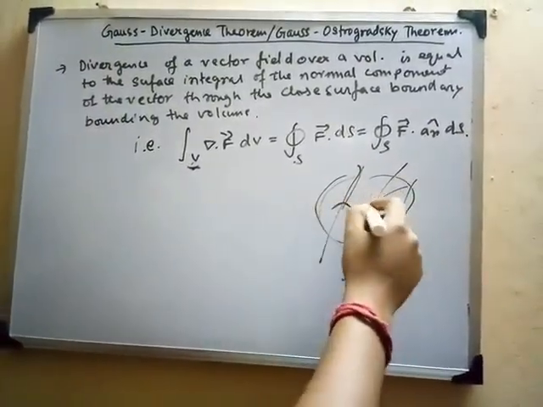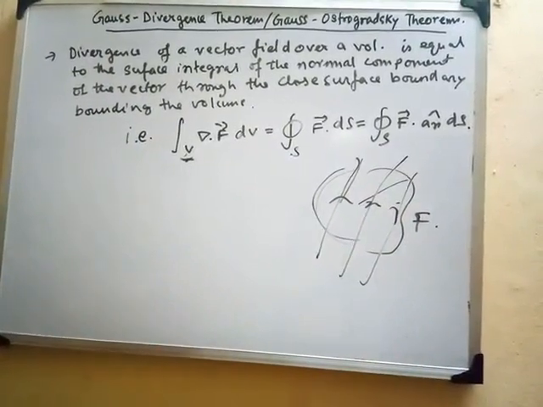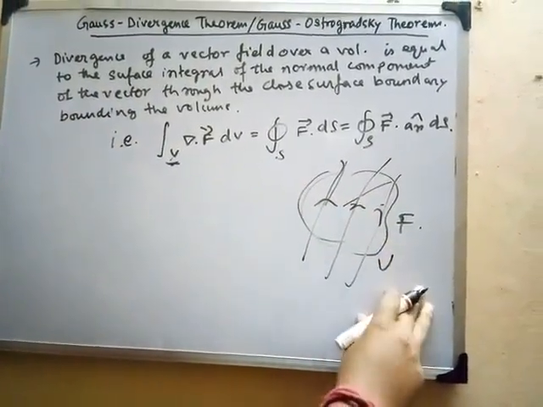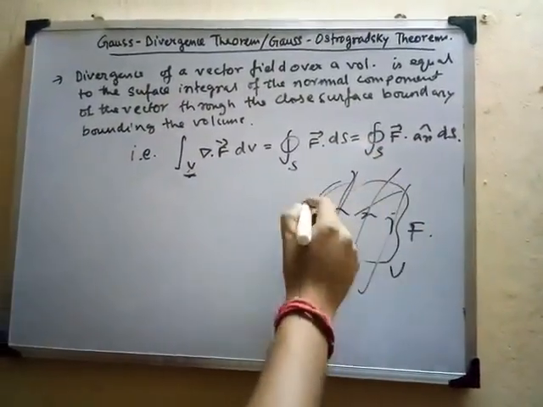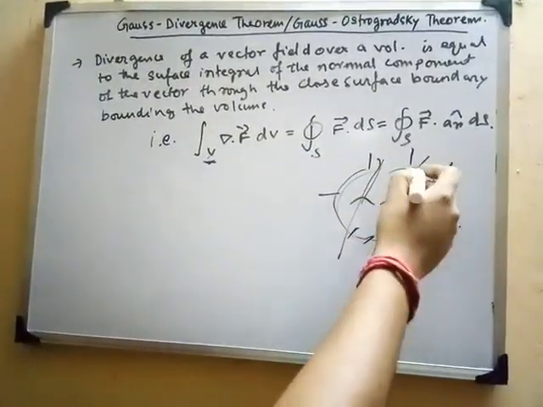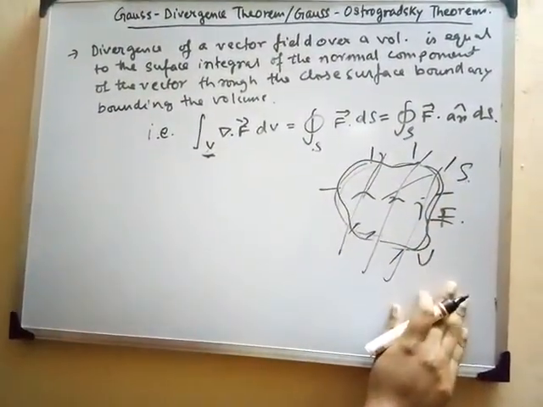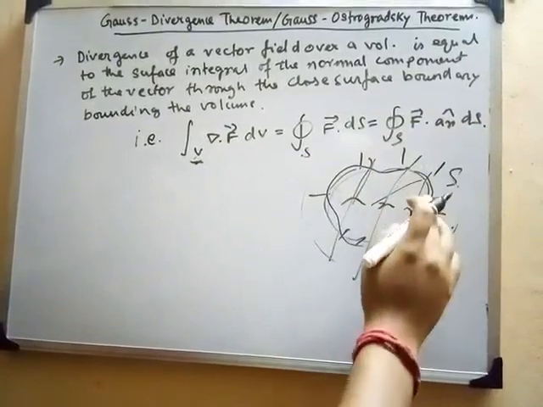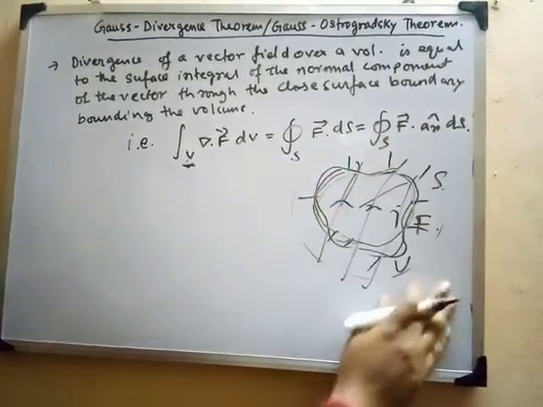This vector is F, so we will find the divergence of the vector field over this particular volume V. This will be equal to the normal components emanating from that volume through the surface S, that is the integration of all normal components through the surface of this total volume.